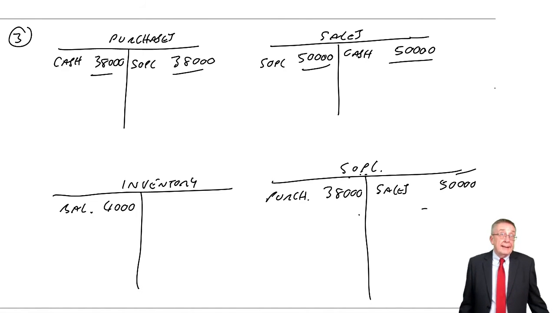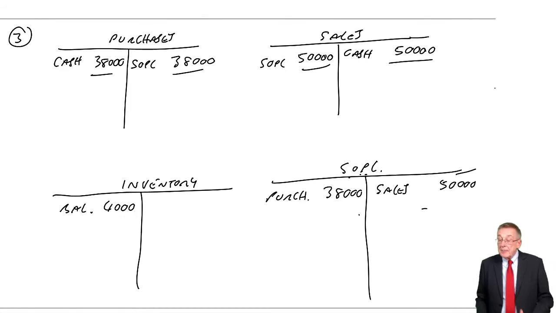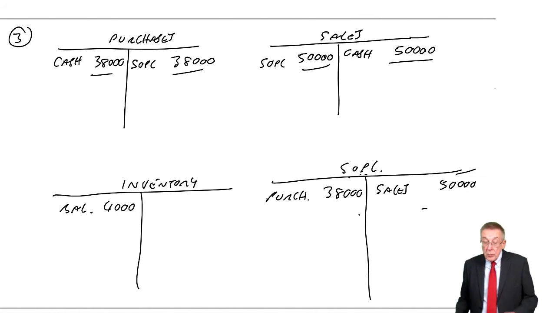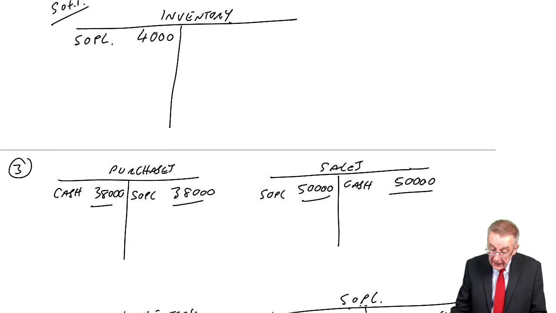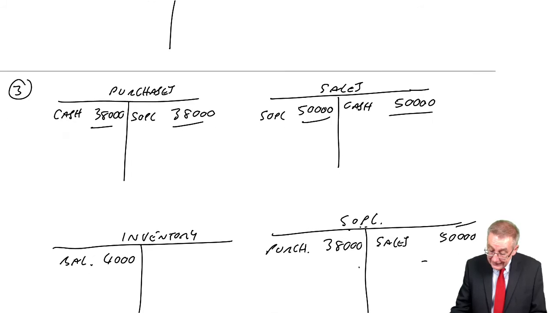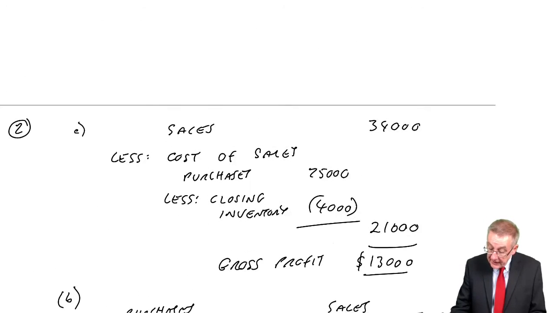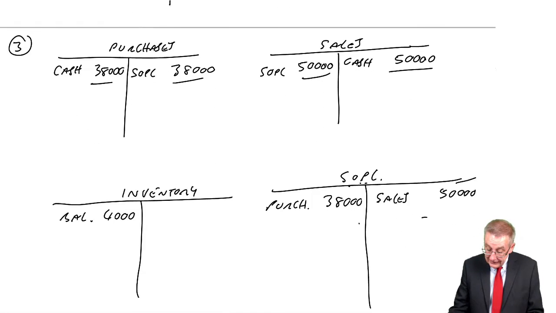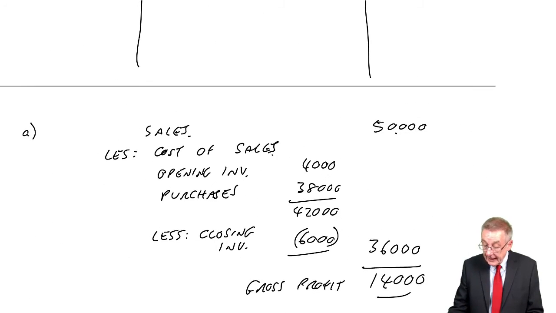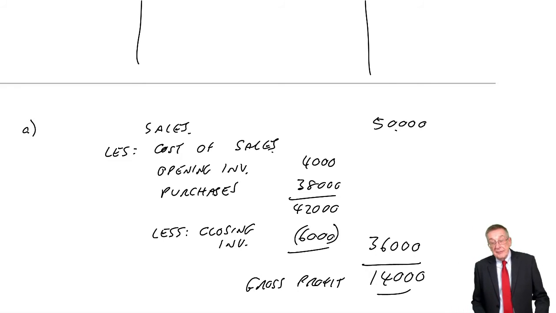I'll have to wind back. Now, if we stop there, we've got a profit of 12,000. We know the profit isn't 12,000. We worked it out a minute ago. Did we do a trading account? Yes, we did. No, we didn't. Where is it? Oh, it's there. Well, again, we wind back even further.